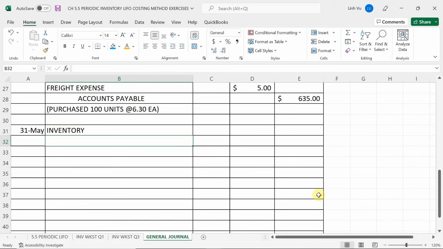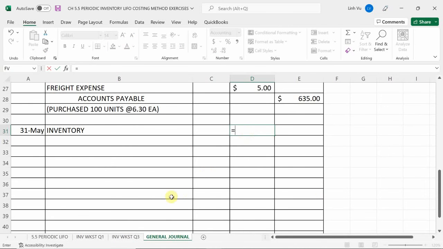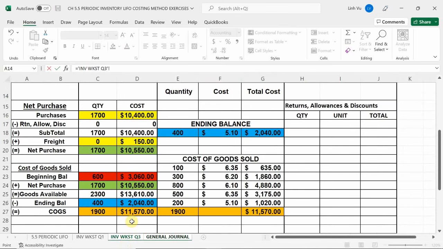For the inventory, would that be the 400 that's left? Correct. 400 at how much? 400 at 510, which equals?